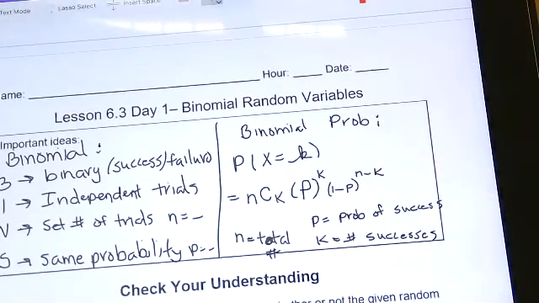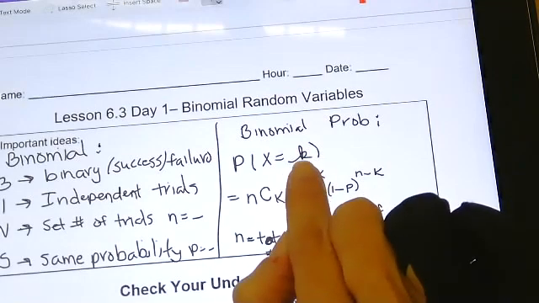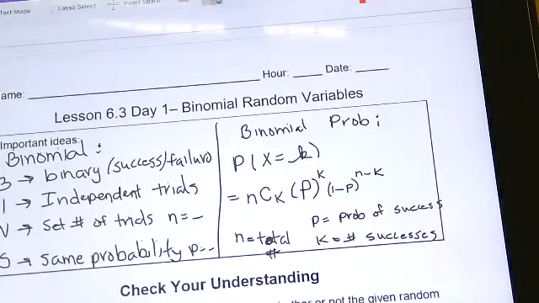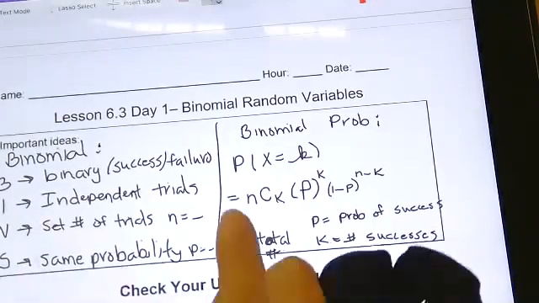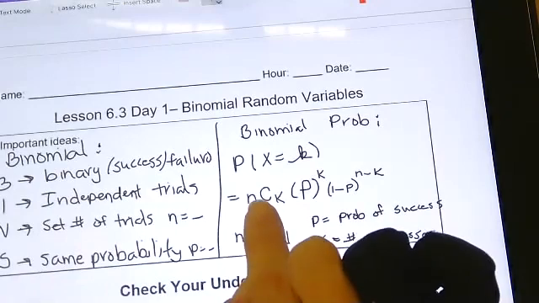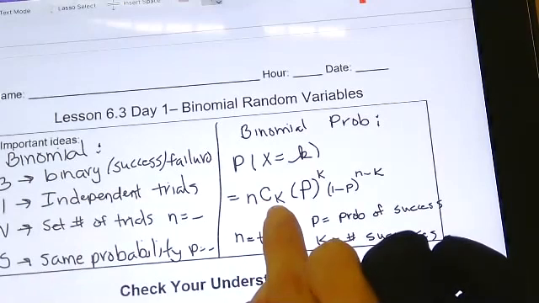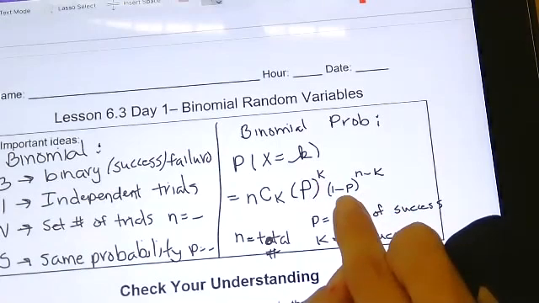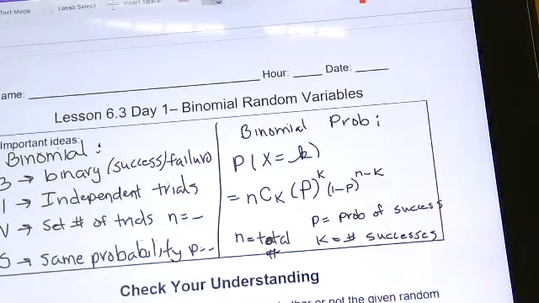Okay. So the number of successes we are looking for. So with our basketball, we did 0 successes and we did 3. Those were easy. But we also did 1 success and 2 successes. So number of trials, combination, number of successes, P raised to the number of successes, 1 minus P raised to the N minus K, which is equal to the number of failures. Okay.